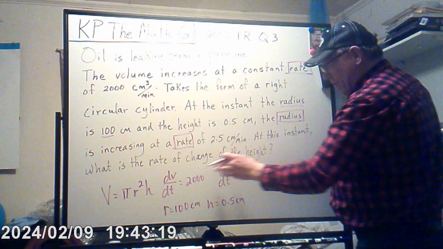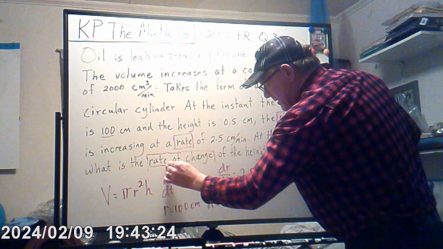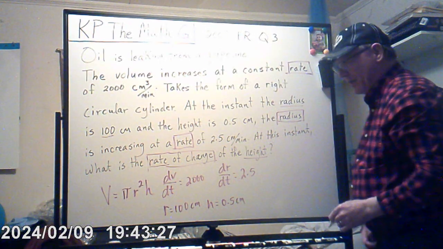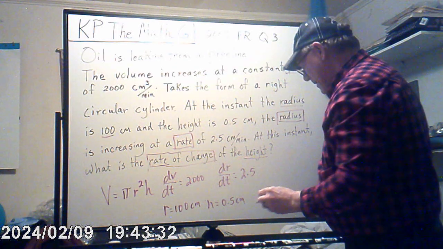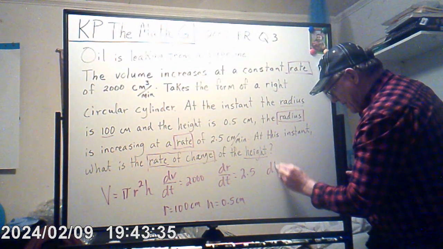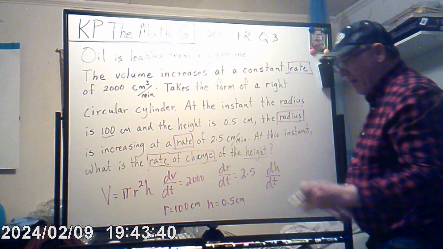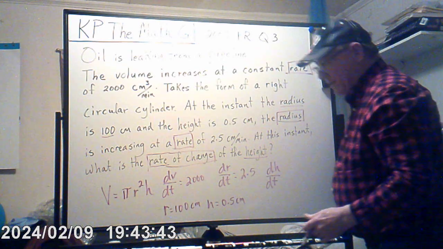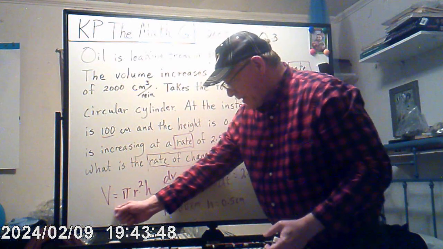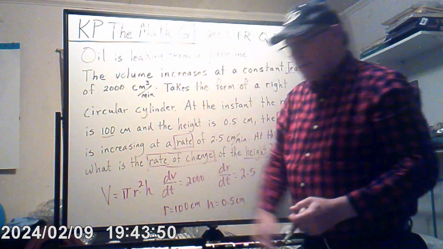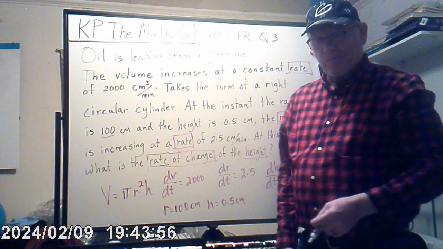Now the height, we want the rate of change. What are we looking for? The rate of change of the height. That's dh over dt. We have everything but that. Now, can we see that we can go ahead and take the derivative of this and get the answer?